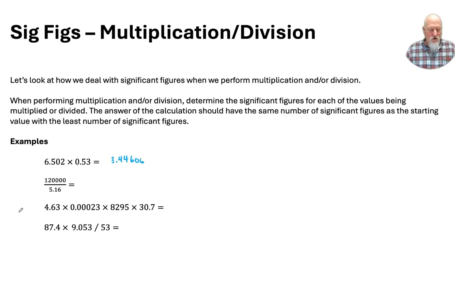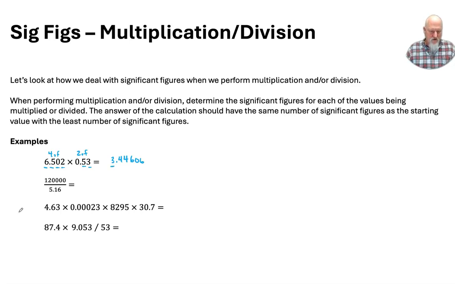Now, looking at the numbers we started with, the first number has 4 significant figures. Our second number has 2, right? That 0 doesn't count because that's a leading 0. That starts the number. That doesn't count as a significant figure. The 5 and the 3 do. So 2 significant figures. That means my answer should have 2 significant figures.